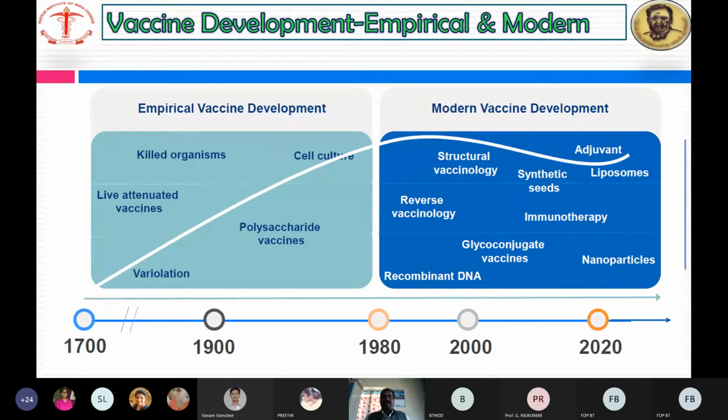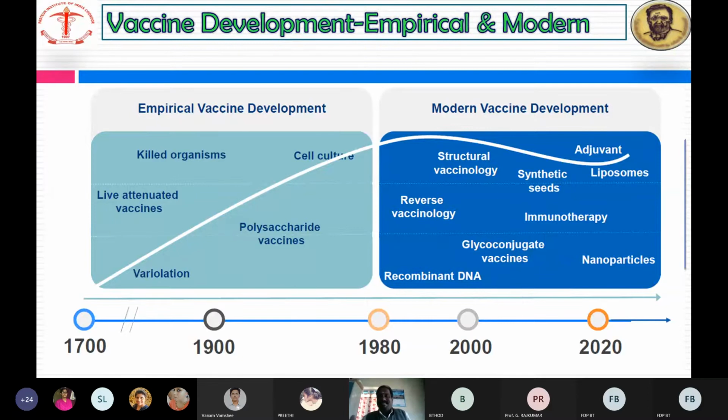That is reverse vaccinology. And structural vaccinology means a helical based structure, a structure based, motif based structure. Only with that kind of vaccinology did the world get a good vaccine against COVID-19 within 18 months.